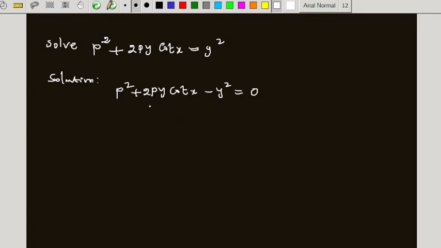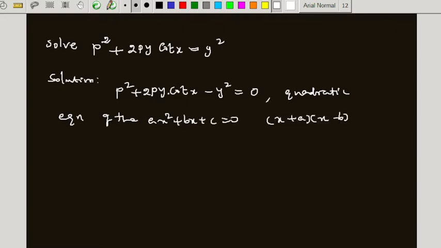So this is a quadratic equation of the form ax square plus bx plus c equal to 0.